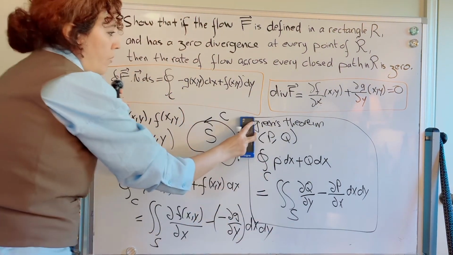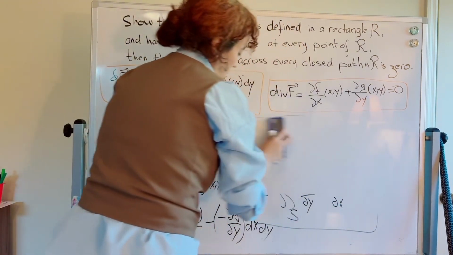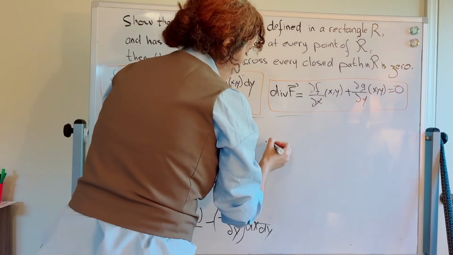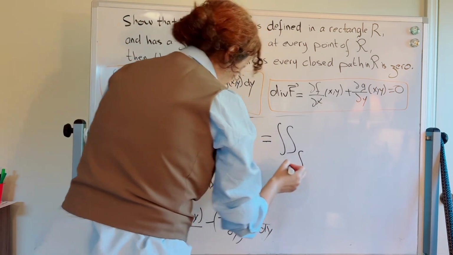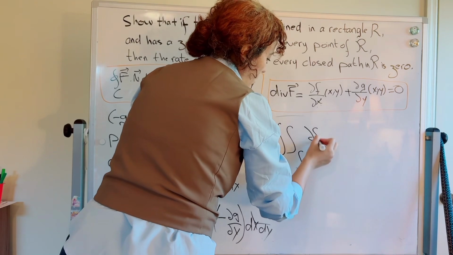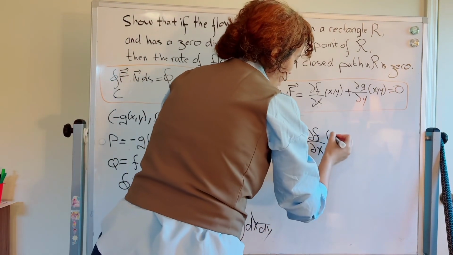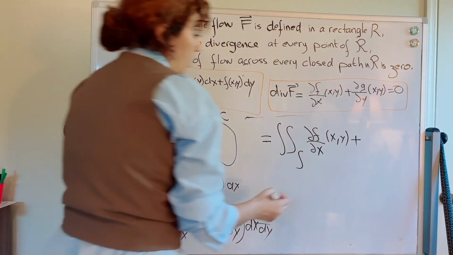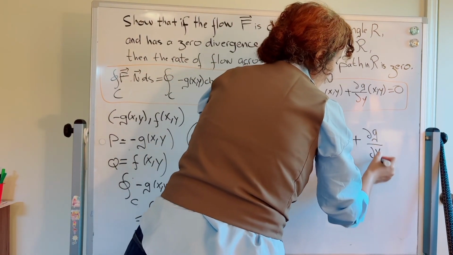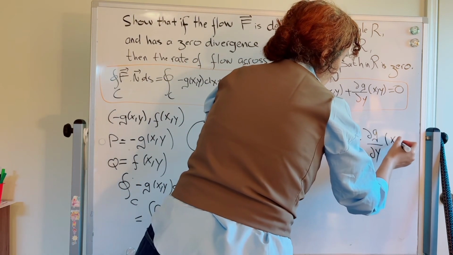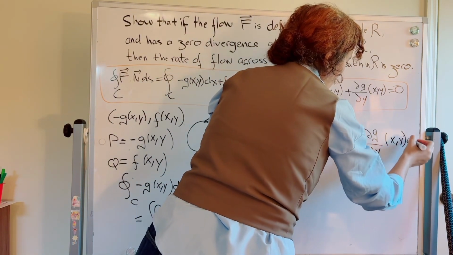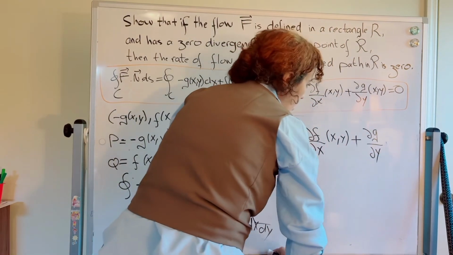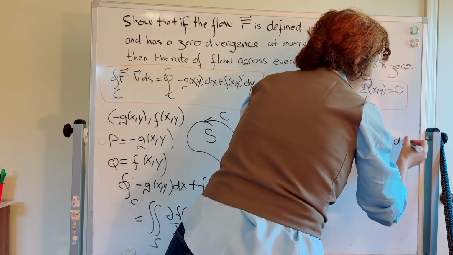So here we put the result. This is going to be equal to the double integral over S of dF/dx plus, because we have minus negative, dG/dy, dx dy.